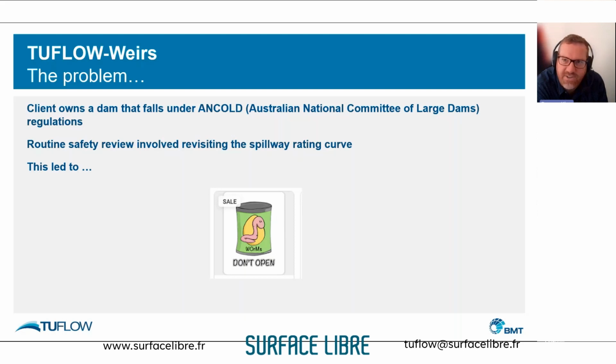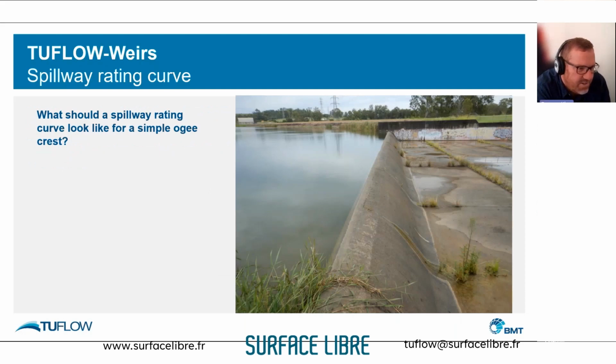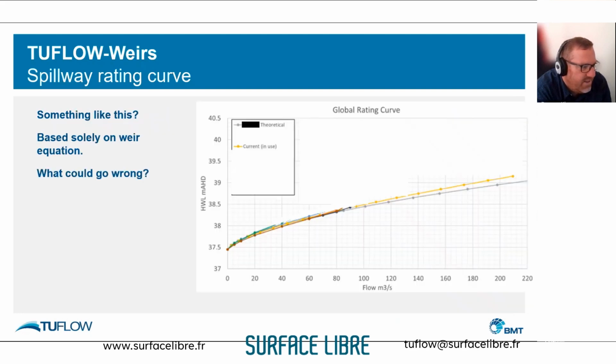It should be a relatively straightforward task, but in this instance led to a bit of a can of worms. So this is the spillway, and they had a simple OG weir at the top end of that spillway, and they were looking at what the rating curve should be for that.